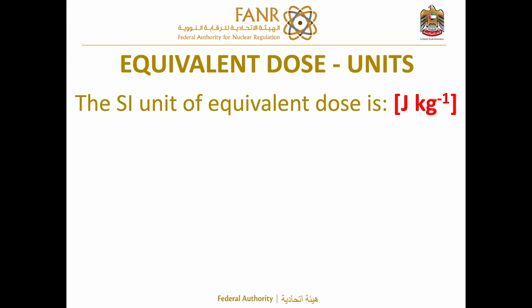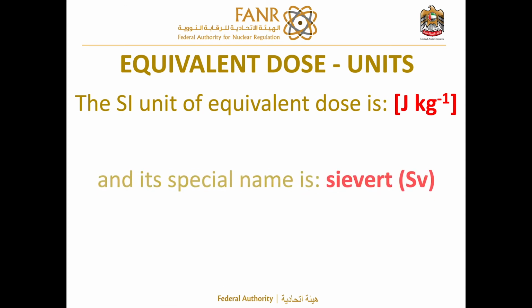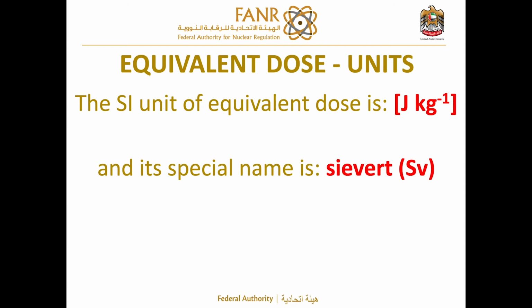So the International System unit for equivalent dose is joule over kilogram, but it has a special name, which is sievert. And again, this is a respectful homage to Rolf Sievert, who was one of the first scientists to study deeply the effects of radiation on biological matter.